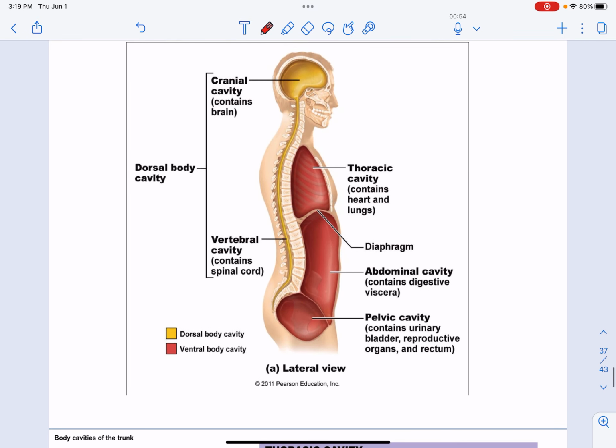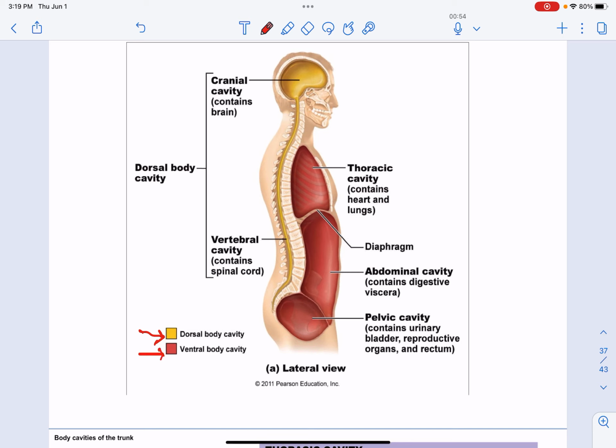All right, so let's look at these body cavities and what they are. On this slide, we have 2 different body cavities: the dorsal body cavity and the ventral body cavity.